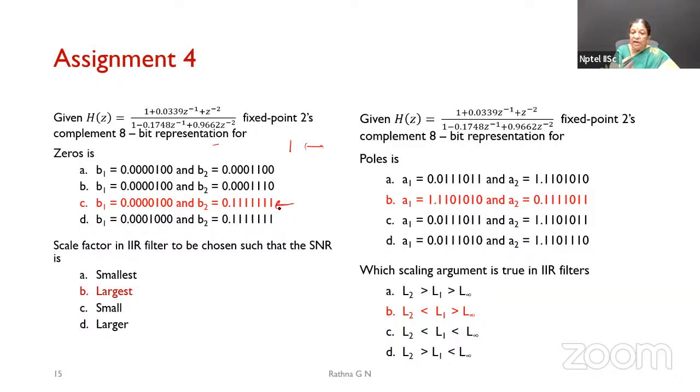That is complete one, I won't be able to represent it. That's why the maximum value I can represent is 0.111 for the P2, as well as B0 if you are taking this also. And then B1 is going to be 0.0339.